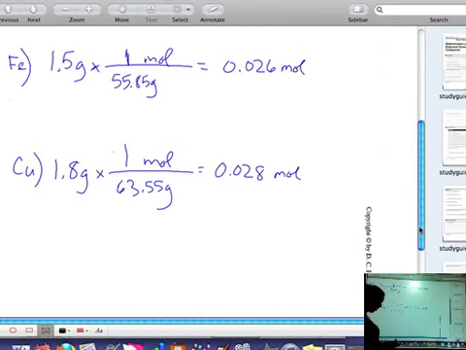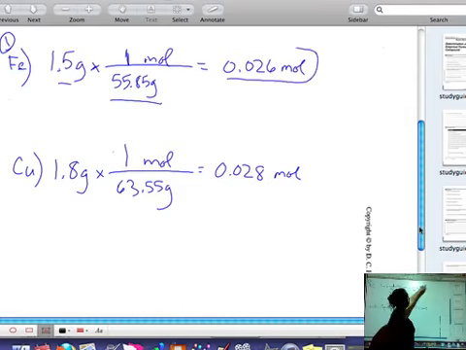Alright, so this is step 1 for iron and copper. Step 1 is identifying how many moles I had in my reaction. This number makes sense because if 1 whole mole weighs 55.85 and I only have 1.5, then I'm going to have a pretty small number of moles for both of them.